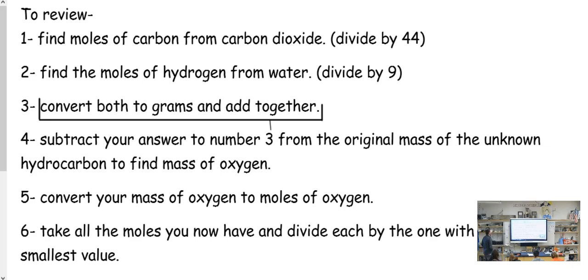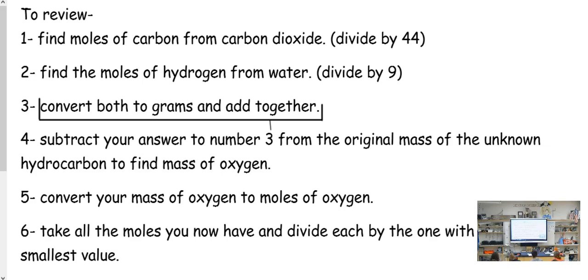Number 3, convert both to grams and add together. This is if it has oxygen. If it didn't have oxygen, you'd really be done pretty much after 2. Because after 2, you would have your numbers divided by the lowest answer, convert it to a formula.